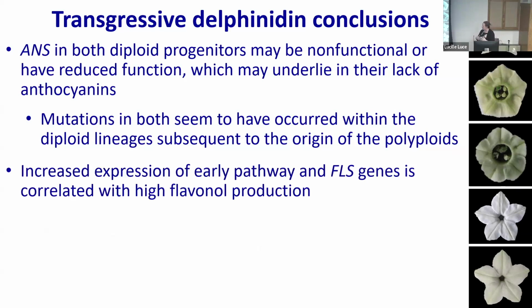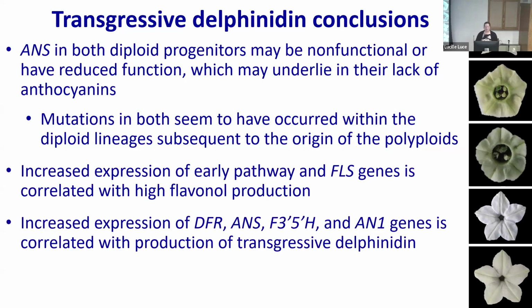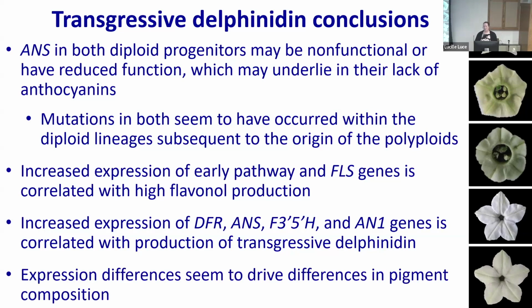We do have increased expression of early and FLS genes correlating with increased flavanol production, and increased expression of anthocyanin-based genes correlating with the transgressive delphinidin. So it seems like this story is an expression difference story, and less so a sequence evolution story.